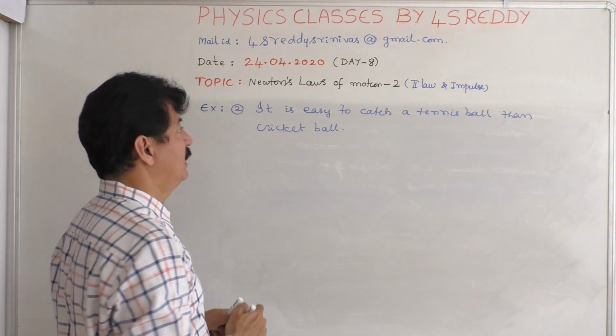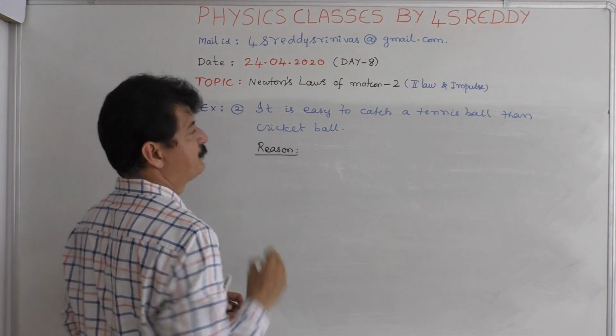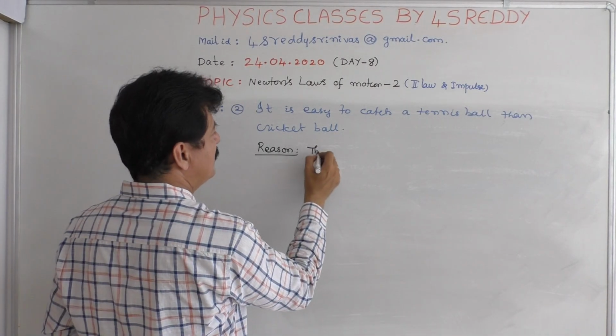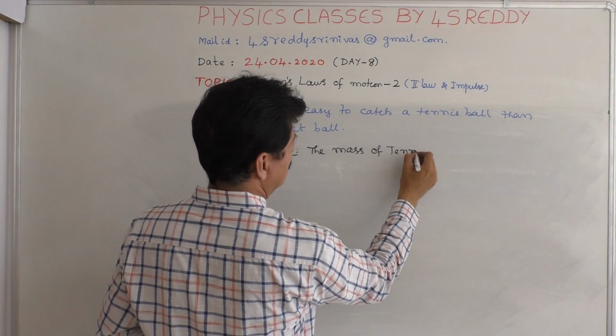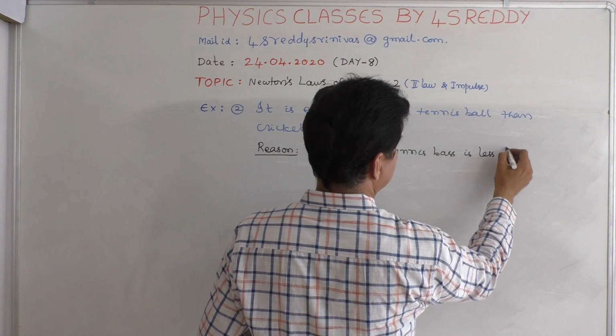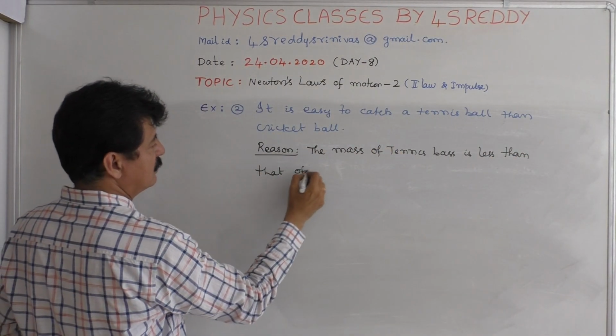What is the reason that we can write? It is simple. First, the mass of the tennis ball is less than that of the cricket ball.